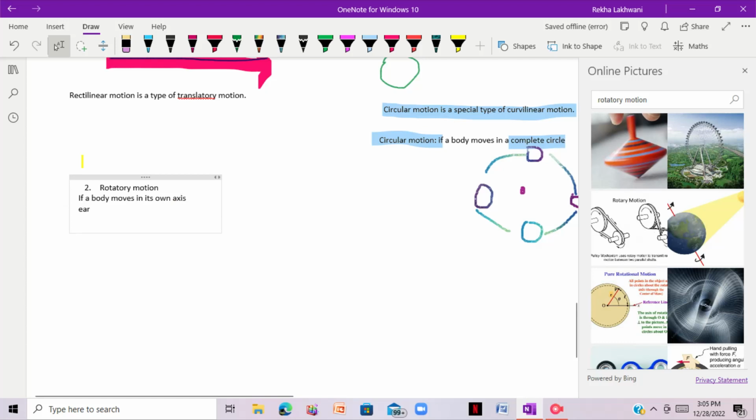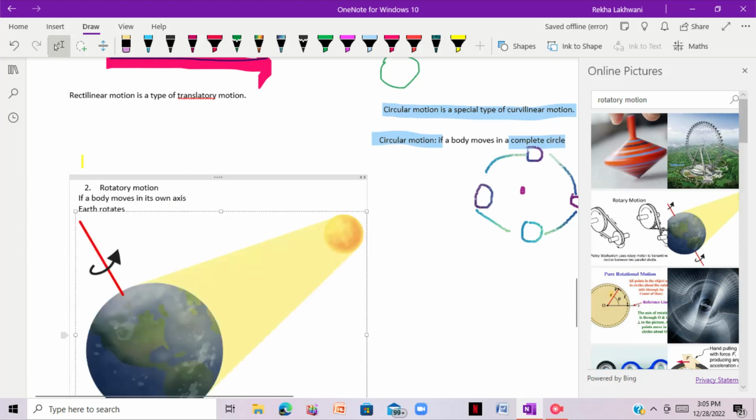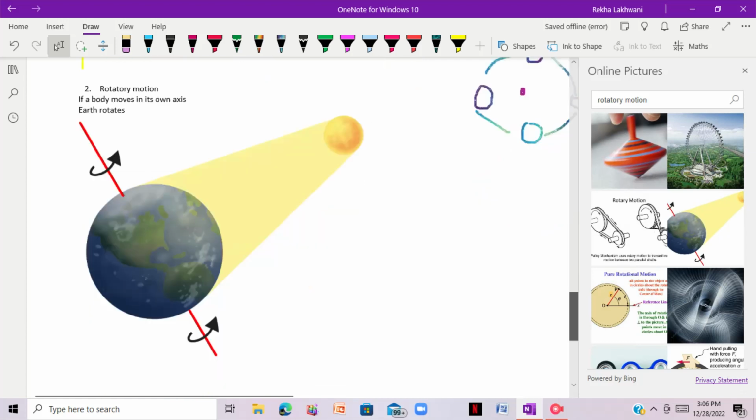Then we have another type of motion, which is known as vibratory motion. Now, what is this?